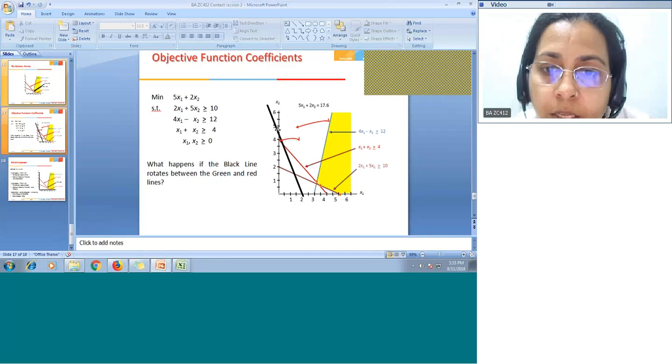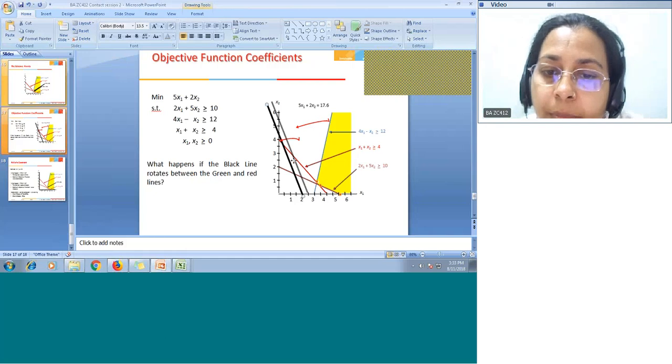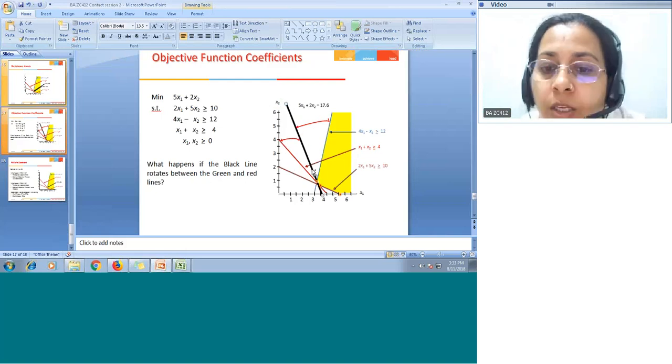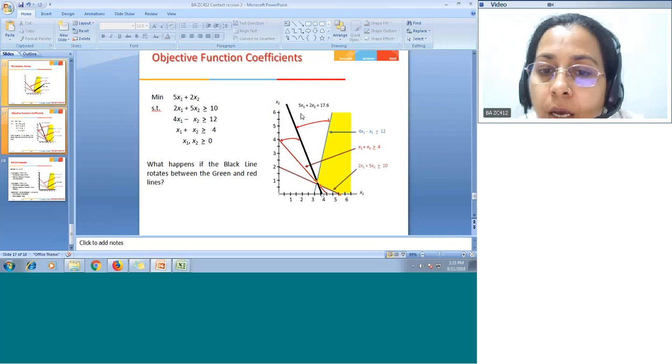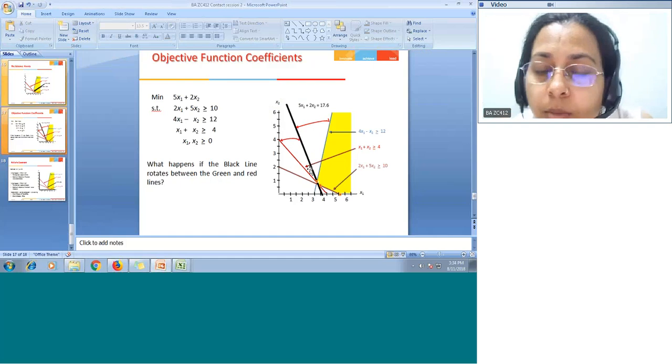So this line is something, if I consider it like this, then I just take a line and then considering this line and parallelly I'm taking this line up, up, up, and find a point where it is just touching the objective function, and then I get this line which is an objective function line. So, or we call it iso-cost line here because it's a minimization problem.